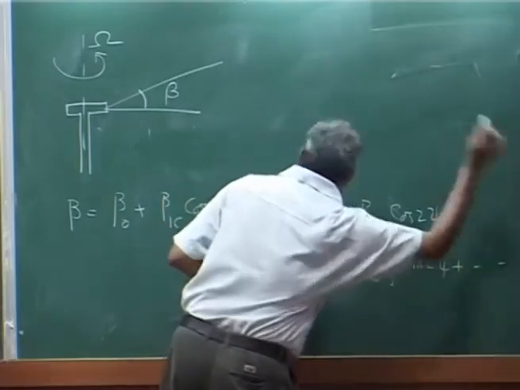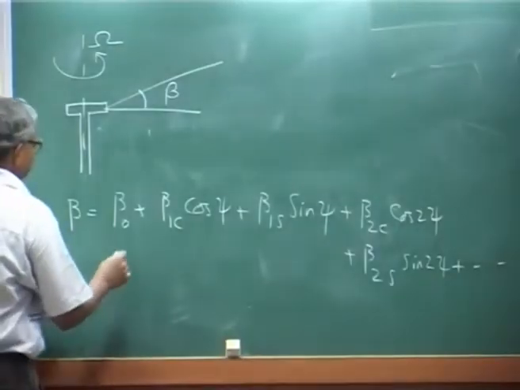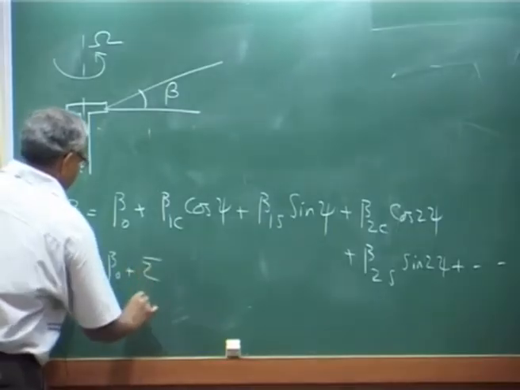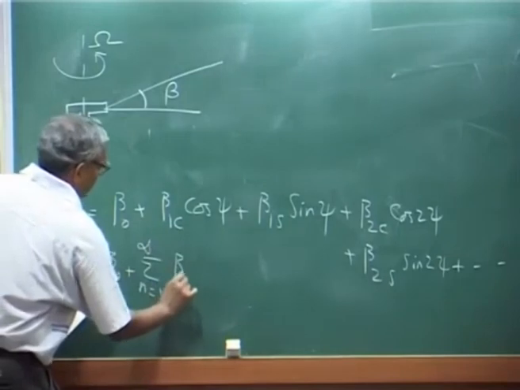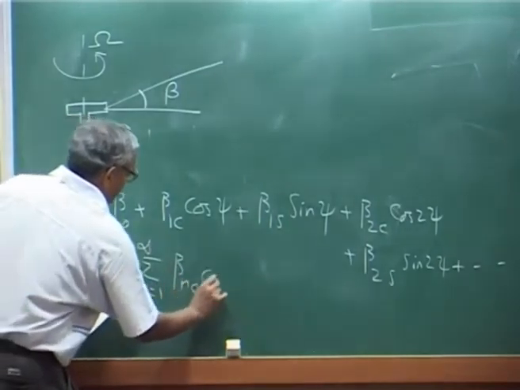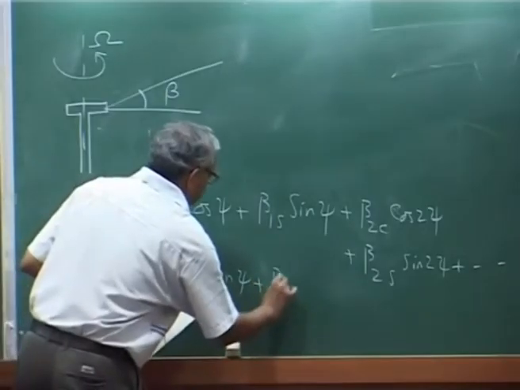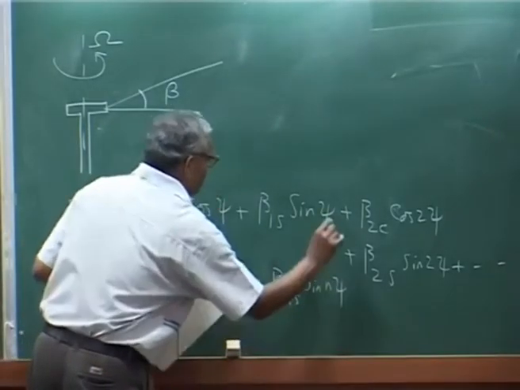And so on, so forth, which is, write it as beta naught plus summation 1 to n of cosine n psi plus, okay.